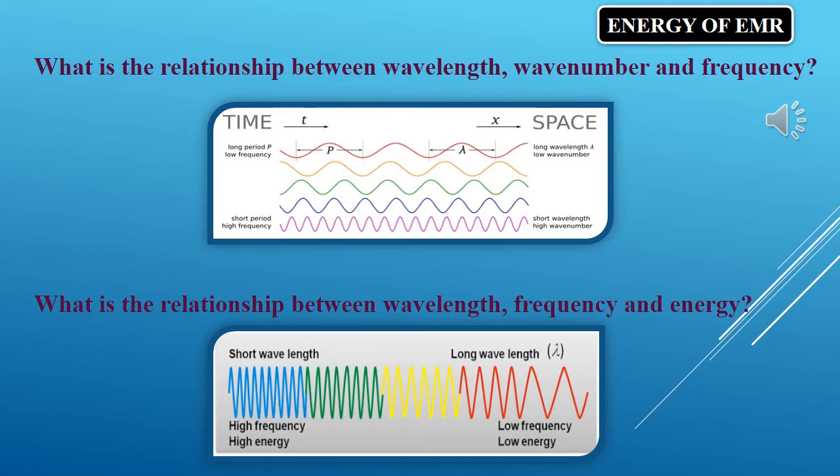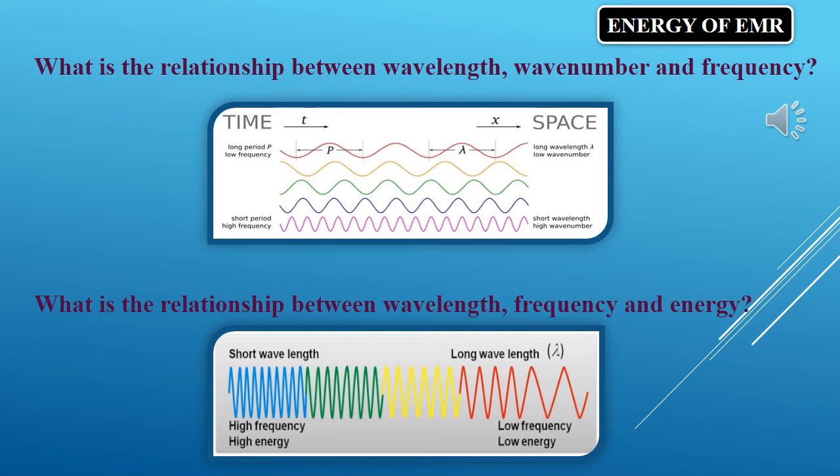Let's see the relationship between wavelength, frequency and energy. Energy is directly proportional to frequency, as stated under the particle theory of wave, that is E equals h nu. E represents energy, which is directly proportional to the frequency of radiation. So automatically wavelength is inversely proportional to energy.